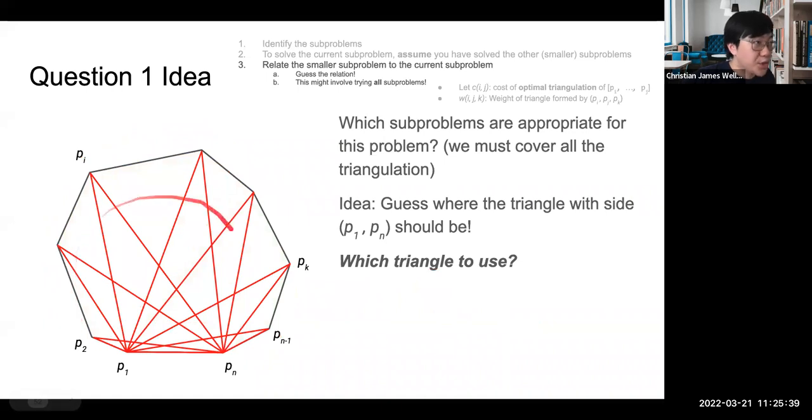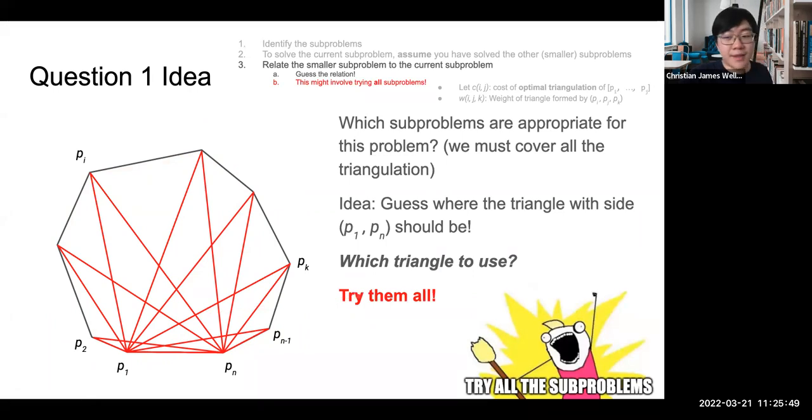But which triangle to use? There are many possible first triangles. You don't know which one to use, so try them all. This is where, like I say, brute force, but carefully. The brute force is because we are trying to guess everything. It could be this is the answer, or the other triangle is the answer. So we try them all.